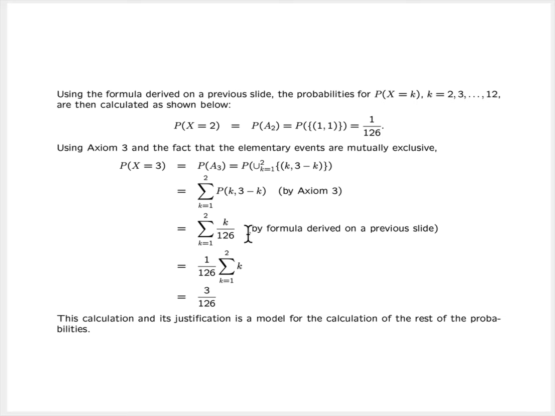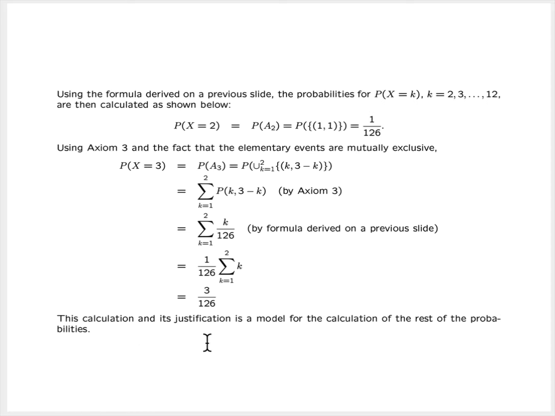All right, now we can rewrite that as 1 over 126 times k, and then the 1 over 126 can be brought outside of the summation, so we then just have the sum of the k's. And so this would be 3 over 126. So the probability that x is equal to 3 is equal to 3 over 126.